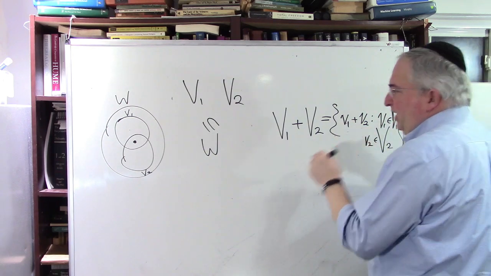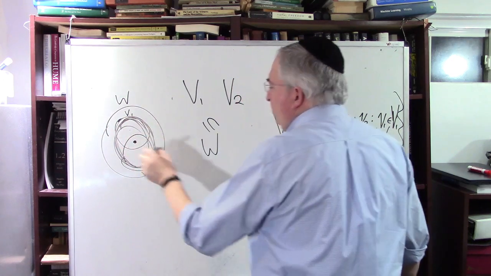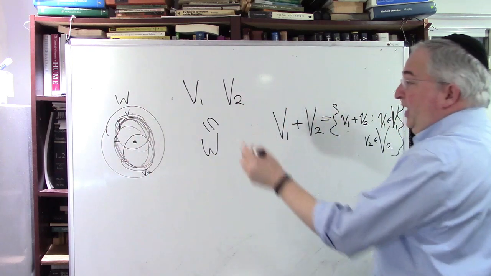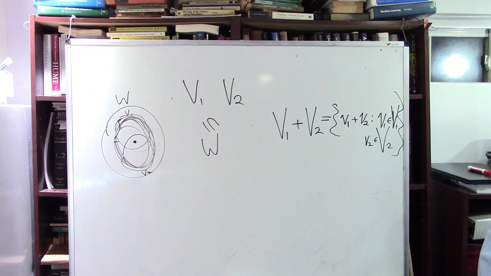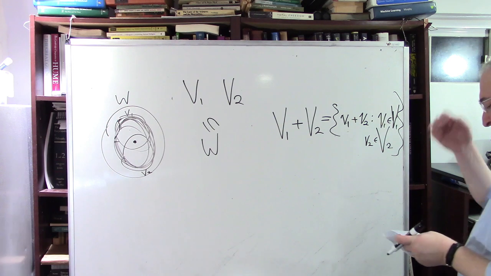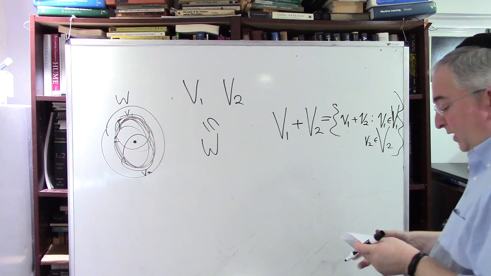So it's basically adding the vectors. So it's kind of like filling up this whole thing. It's going to have more things than just V1 and V2 because you can add them together. So it gets that. Okay, so this is called the addition of 2 linear vector spaces. Okay, there's more to say about this.